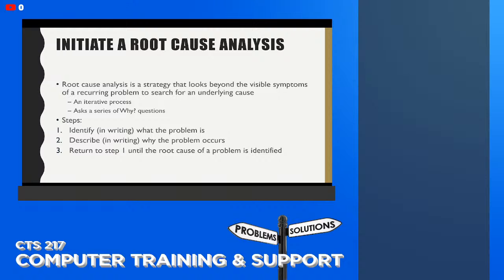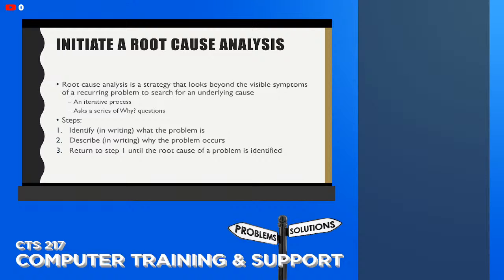Like, we can face a problem and we can put a Band-Aid on it, and then in a couple weeks, a couple months, it becomes a problem again because we just kind of fixed something cosmetically and we didn't fix the root of the problem.